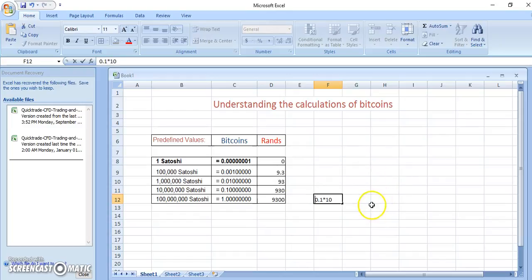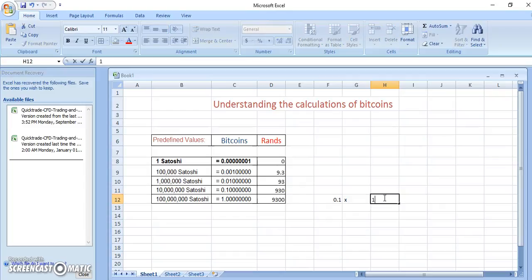So I'm saying, to make this one Bitcoin, if you move from this step, you will have 0.1 and then you multiply it by 10, so that it becomes easy for anyone to see.